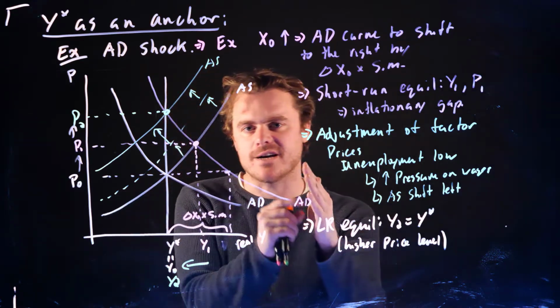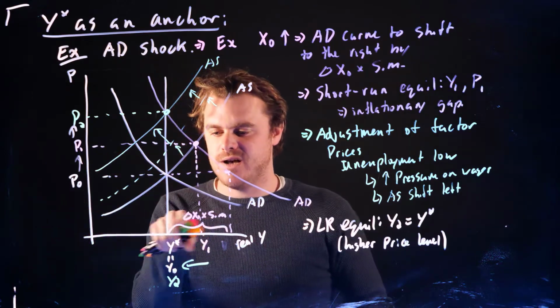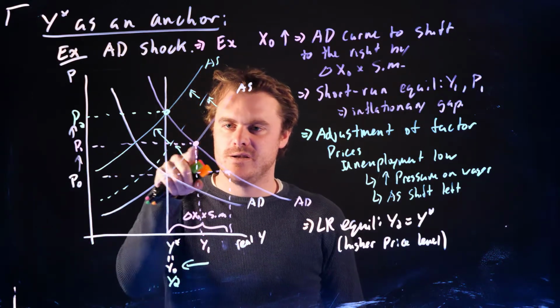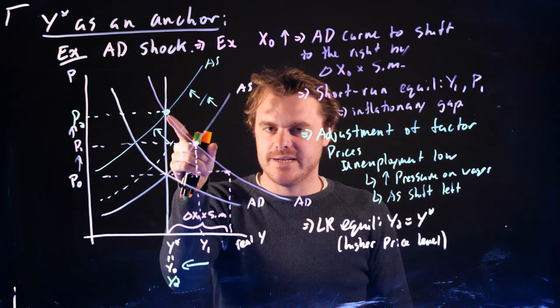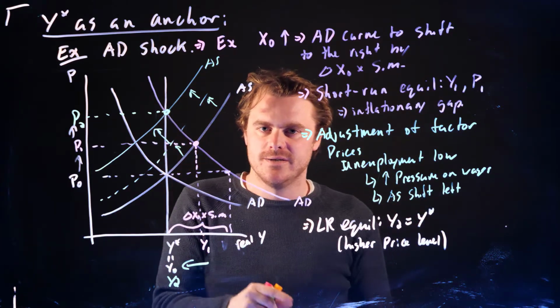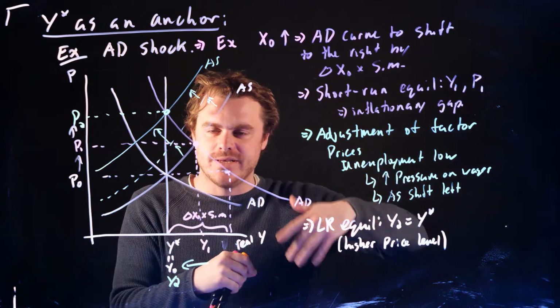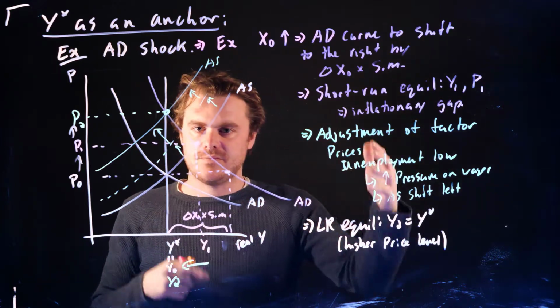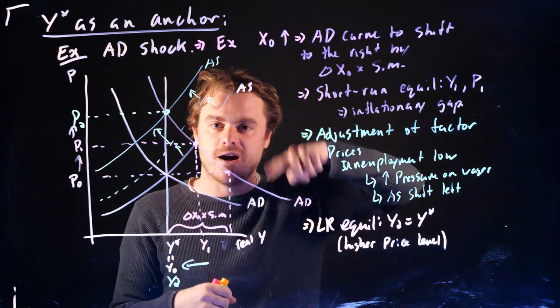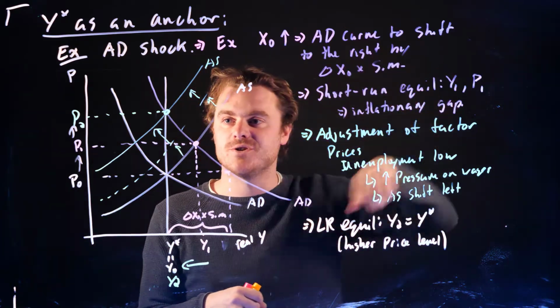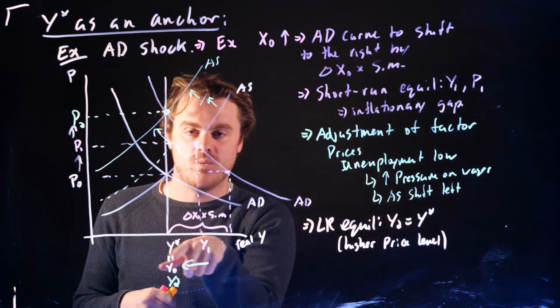So we have these shocks that are pushing us away from this Y star, but this automatic adjustment through these factor prices is pulling us back to Y star. So that's the idea of the business cycle. These shocks that are happening to the world economy are causing our actual Y to fluctuate around this Y star.